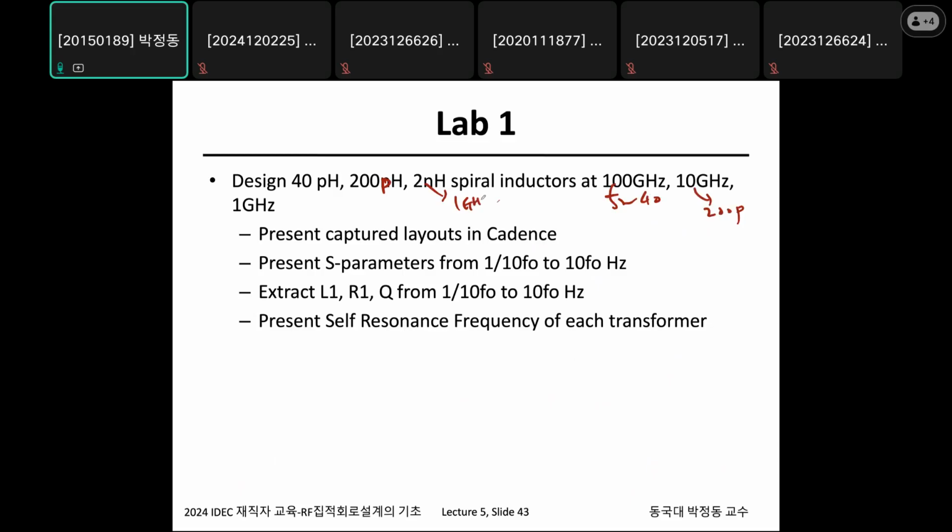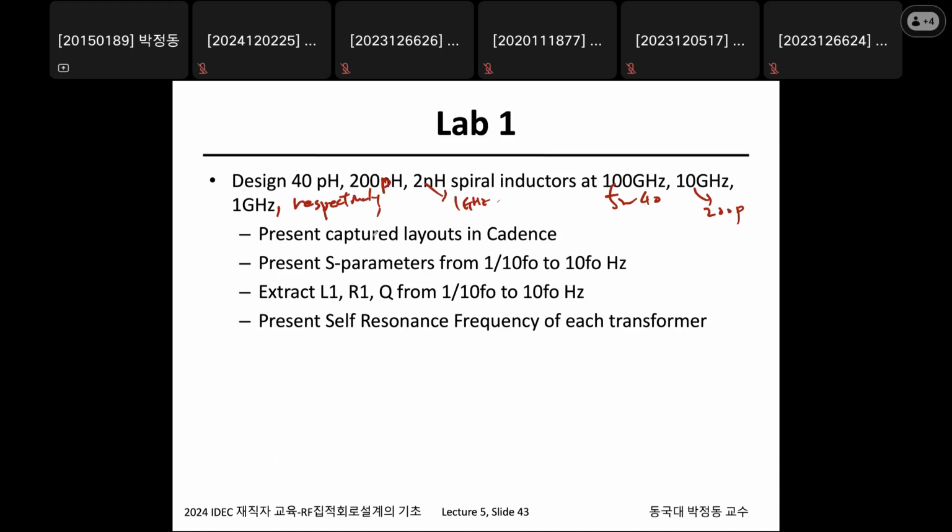No need to design 2 nanohenry at 100 gigahertz. This is impossible. Forget about it. This is respectively.